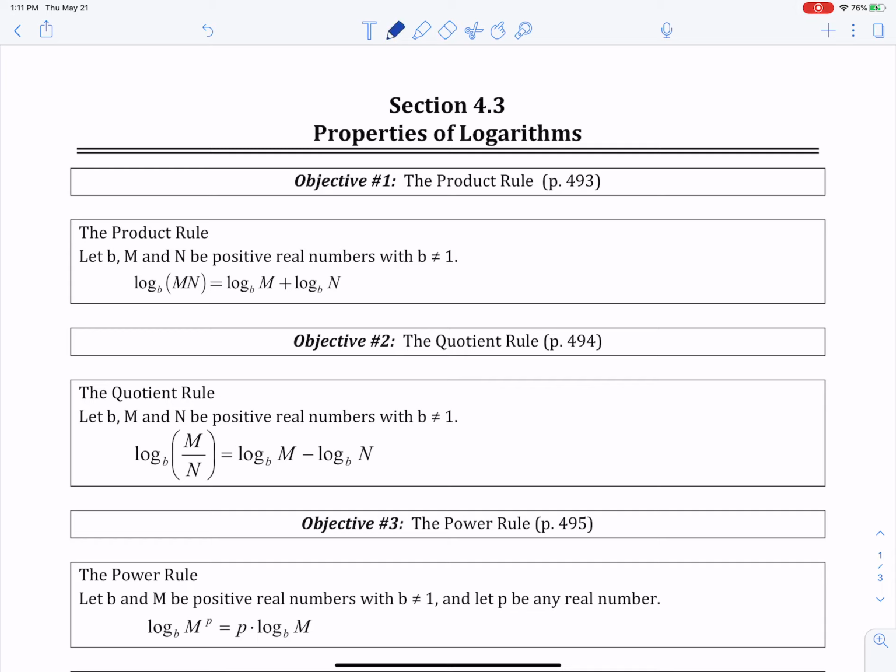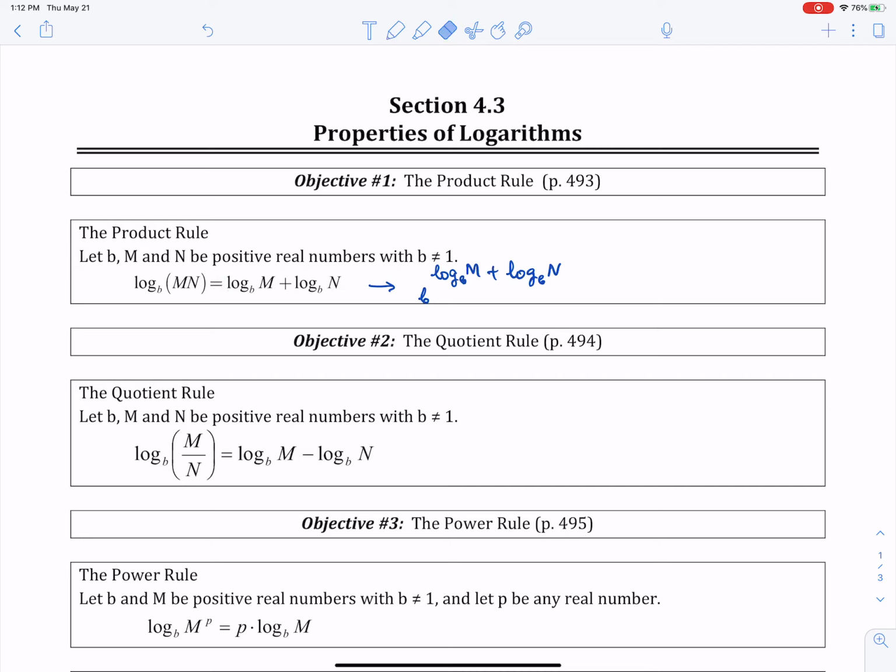If we convert it to exponential form, we always start from the base b powered by this expression here, logarithm base b of m plus logarithm base b of n.